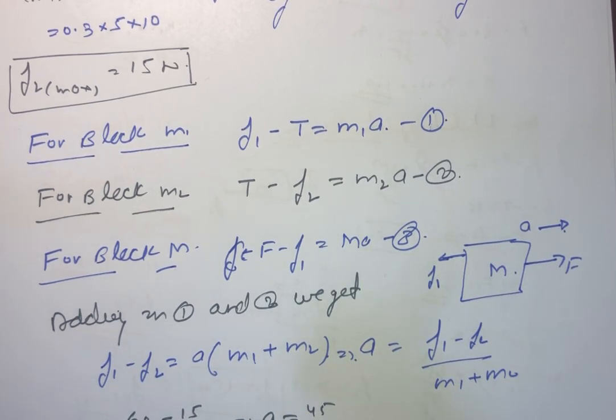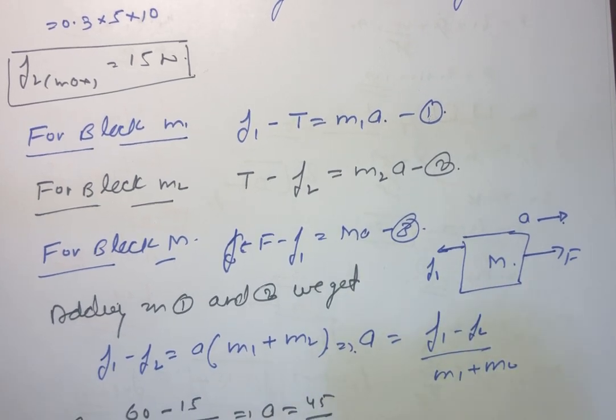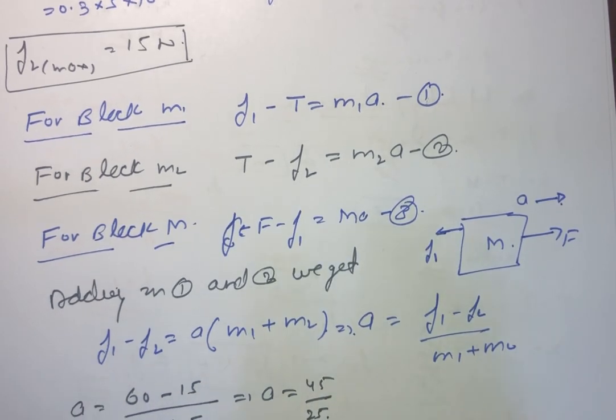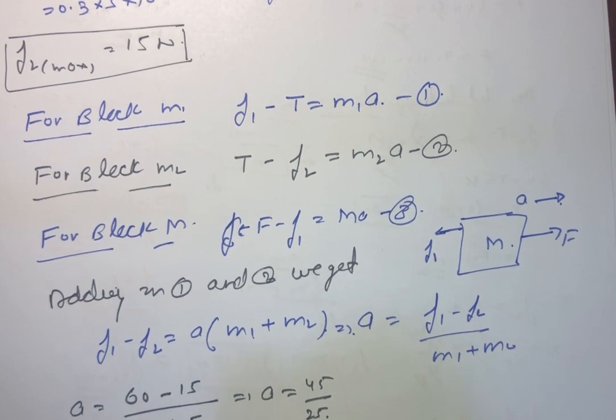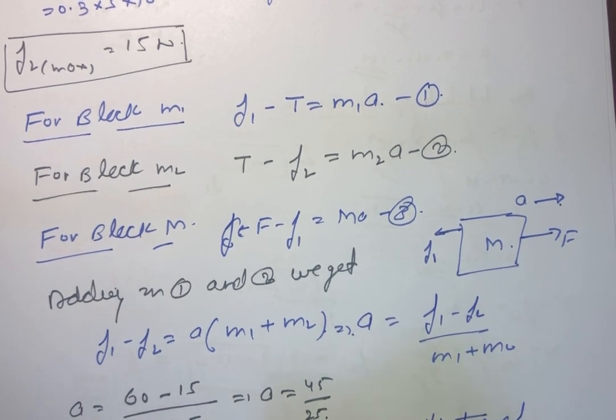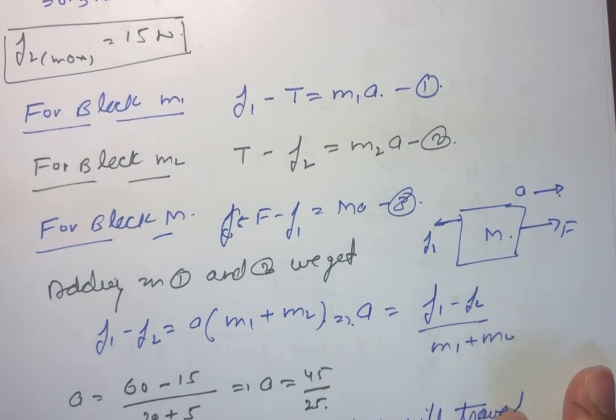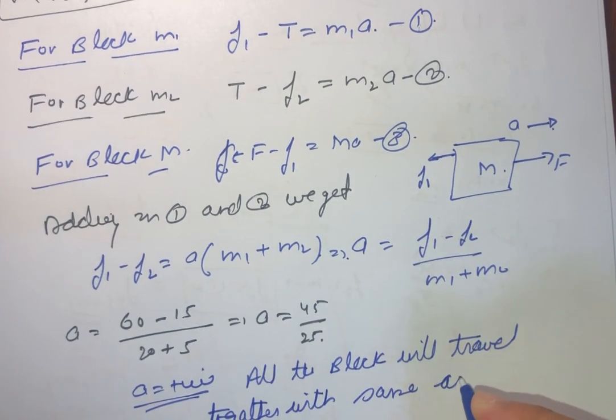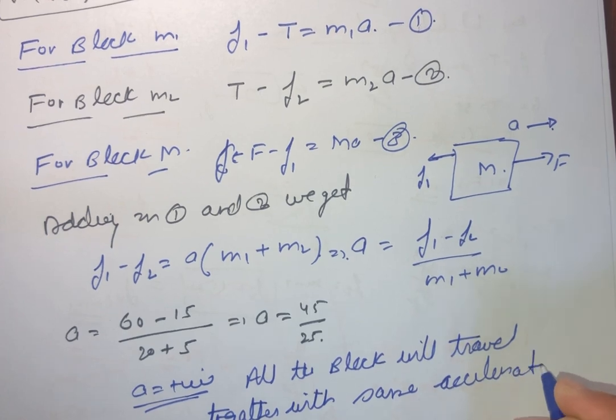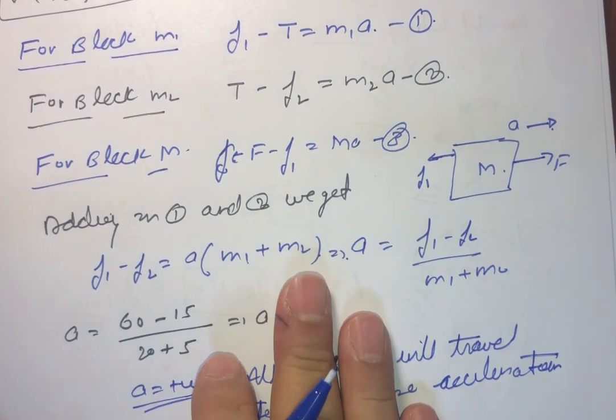So we are more interested in sign. So from here we can say that A is positive. So it means all the blocks will travel together with the same acceleration.